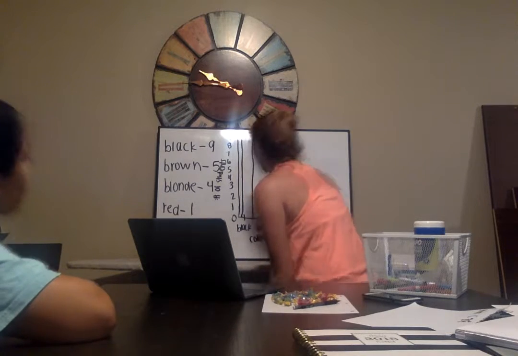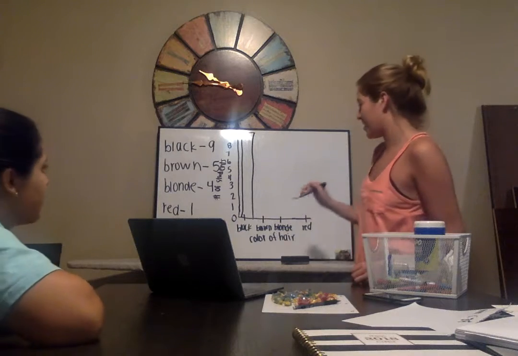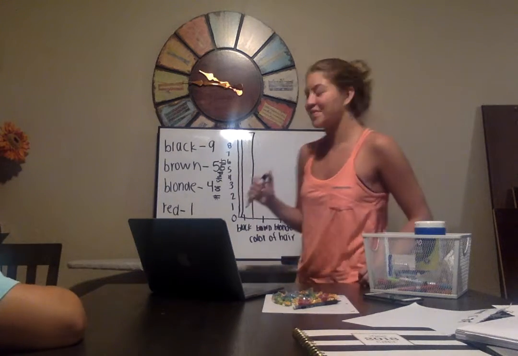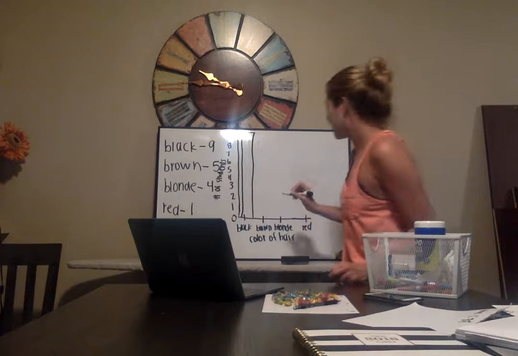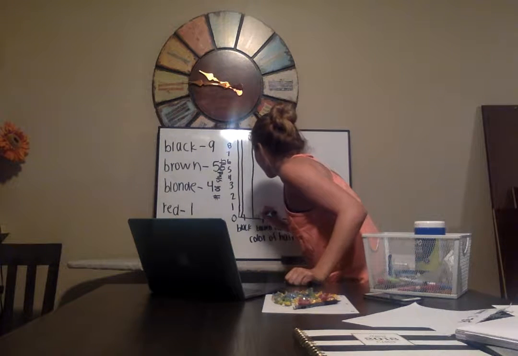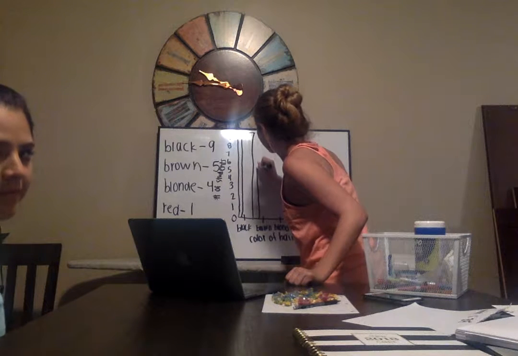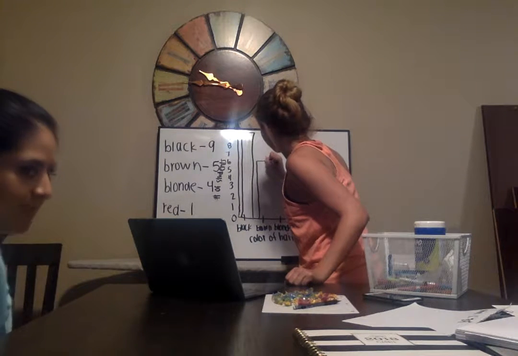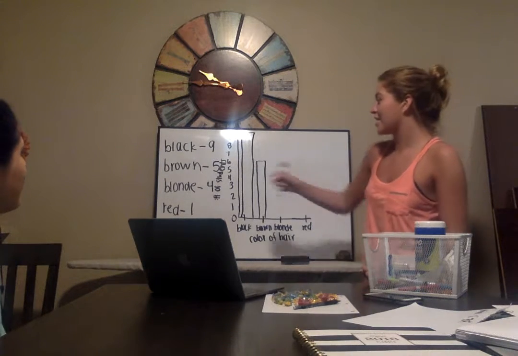So this is for the number of students who have black hair. Okay, so now we're going to be doing brown hair, which is 5. Five students have brown hair.